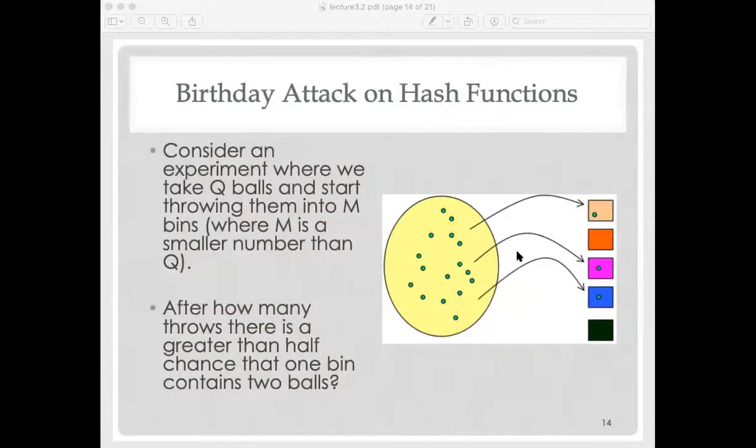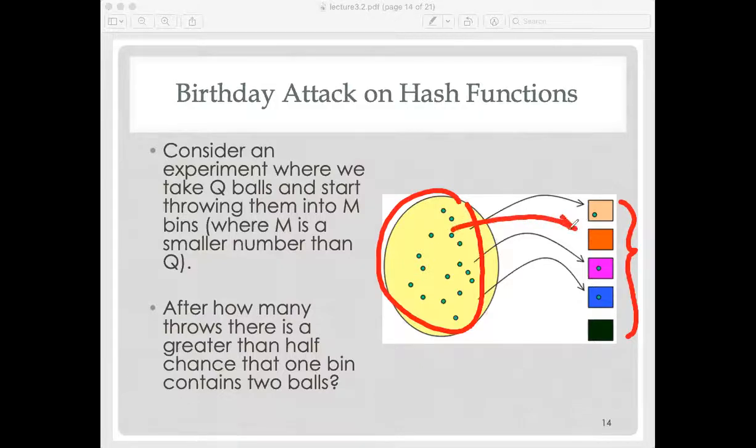Imagine, this is just a simplistic example, we have 15 dots and we are going to put them in 5 bins. At some point we must have some bins that have 2 dots or 3 dots. It must happen, because it's impossible to do that hashing without collision. What we want is collision resistance.